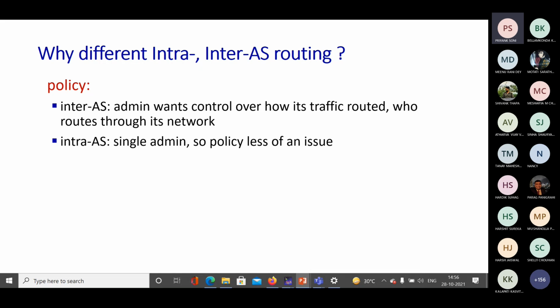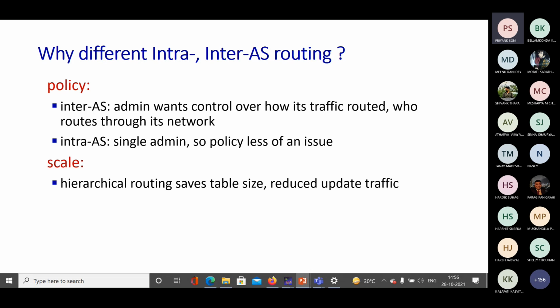Okay, so policy wise, intra-AS routing becomes much less complex as compared to inter-AS routing. If you have both the same, then things will become more complicated. You have to control using the same set of policies. You actually cannot control what happens inside the AS and what happens when you are trying to communicate between different ASs.